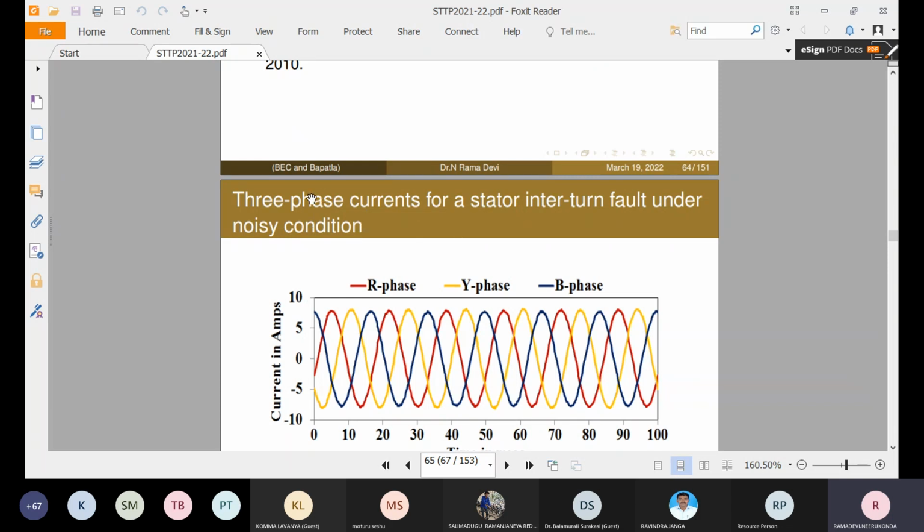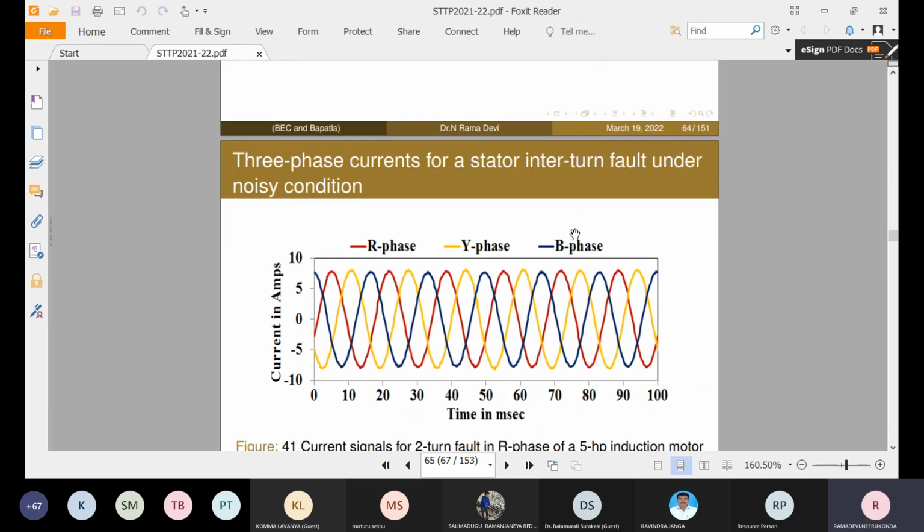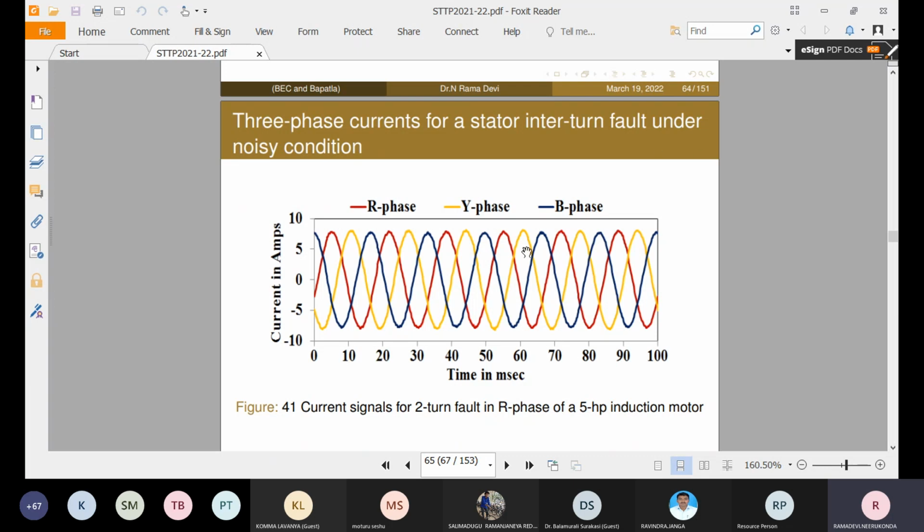This is the three-phase current for the stator interturn fault under noisy condition. With the help of MATLAB, we introduce the noise using seed values. Then we can observe that the waveform is not smooth.